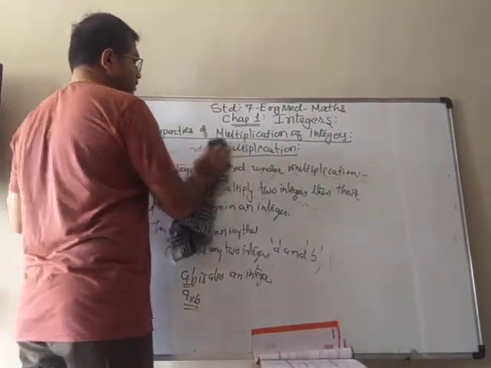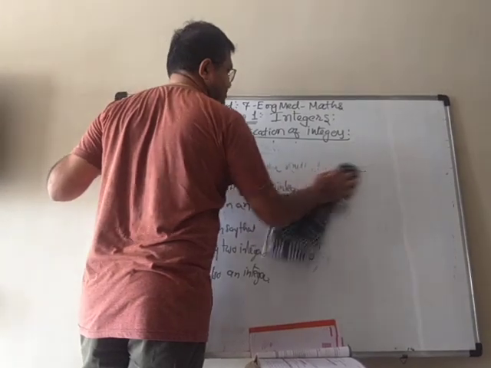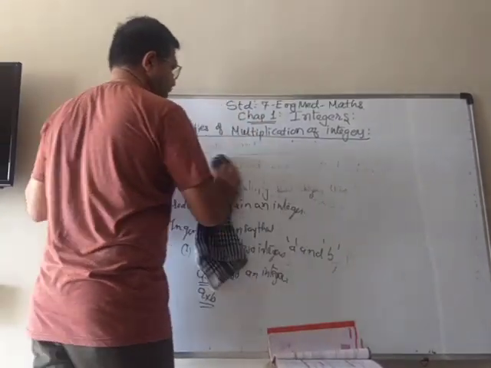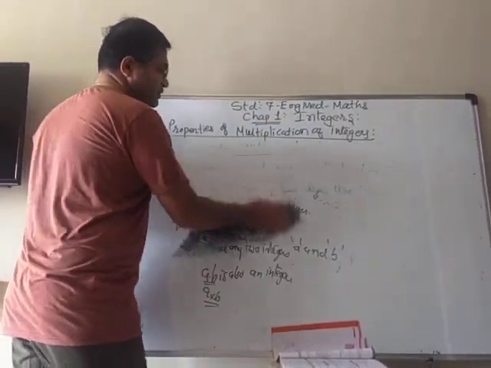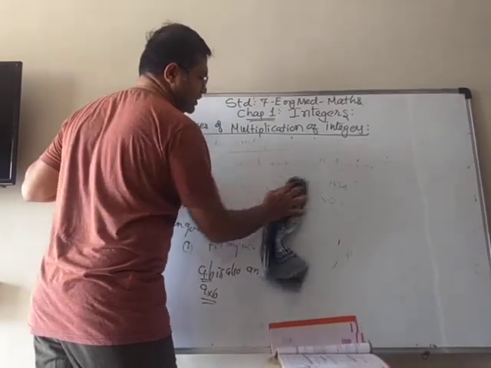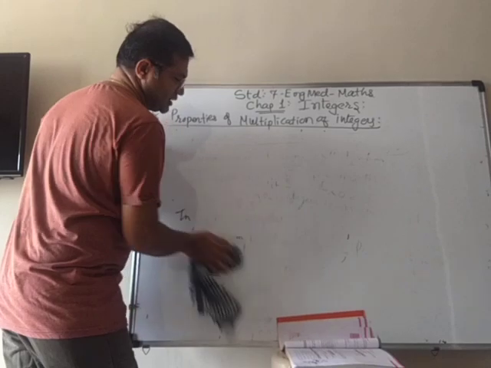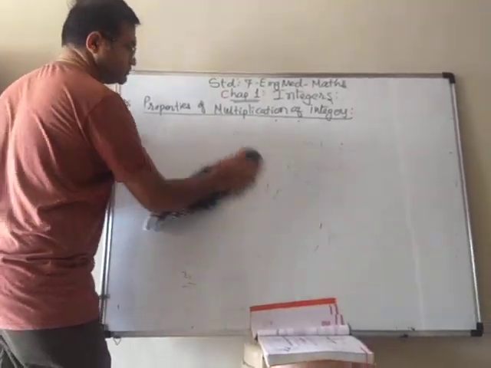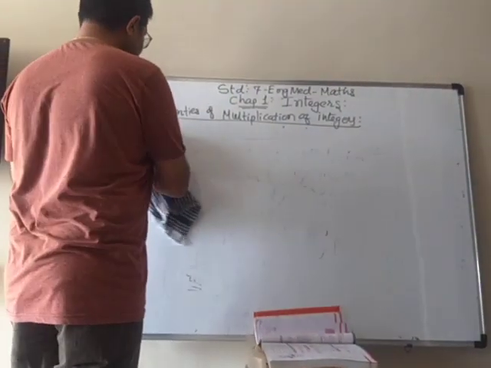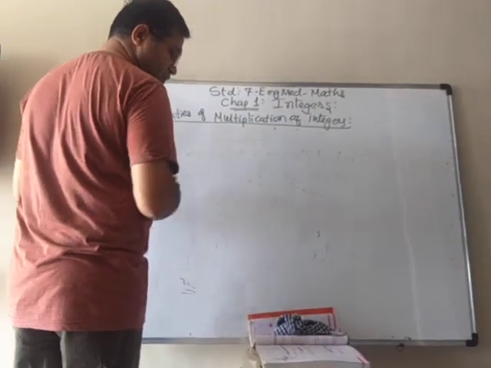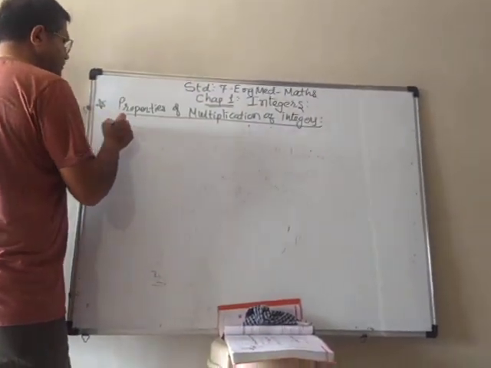Now we will understand the second property, and that property is the same as we learned in the addition, that is the commutativity. The second property is the commutativity of multiplication.